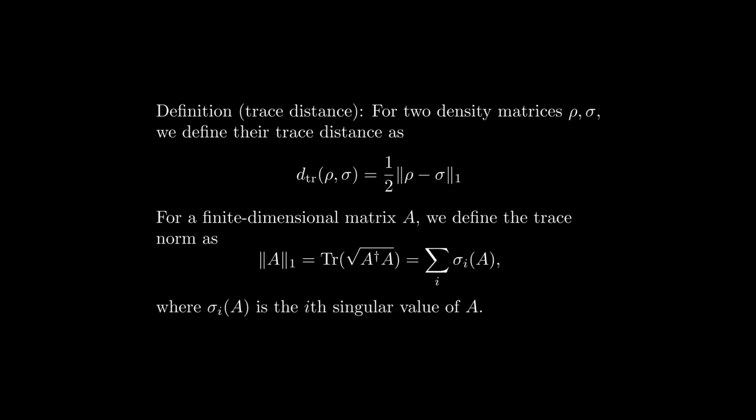The trace norm of x here is simply defined as the trace of the square root of x dagger x. In other words, the trace norm is defined as the L1 norm of the singular values of x. In the case where x is Hermitian, as is the case for real linear combinations of density matrices, this simply corresponds to the L1 norm of the eigenvalues.